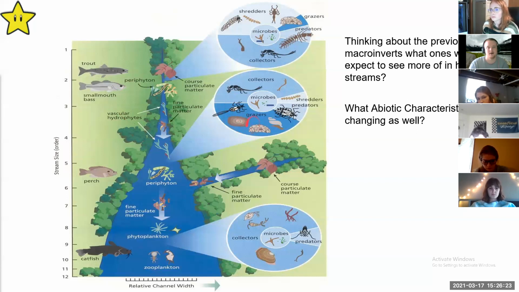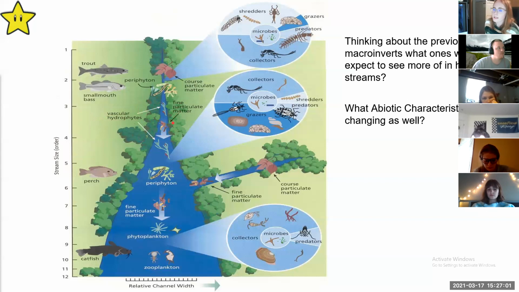So you can notice here we have a lot more grazers than we had previously and a lot fewer shredders. We still probably have the same proportion of collectors and similar proportion of predators. But there's going to be a greater diversity of invertebrates and fish. And again, the groundwater is going to be less influential here. And the stream's going to be generally warmer because the sun can get at it.